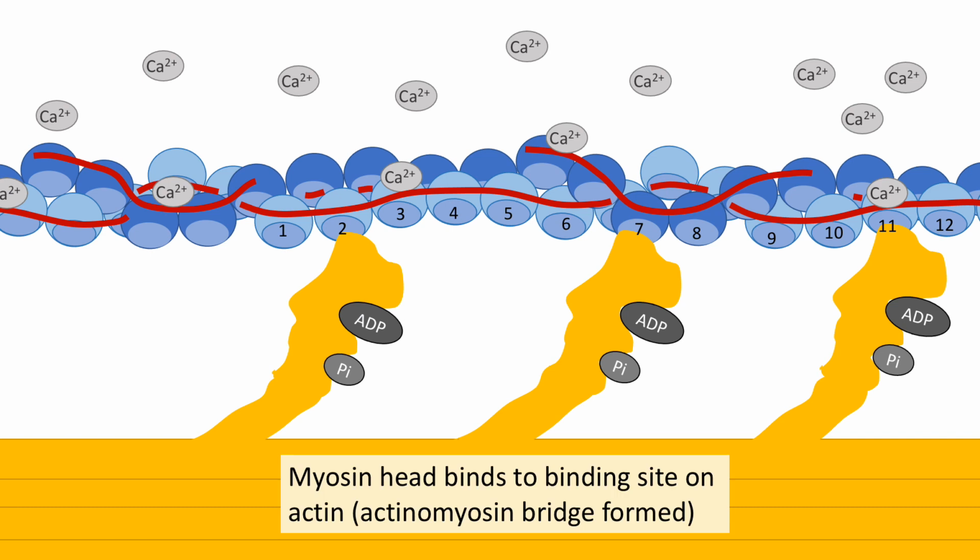So you can see here that now, because the actin's been pulled along, the myosin head now binds again, but at number 2, 7, and 11 of the actin molecule. And so let's keep going.